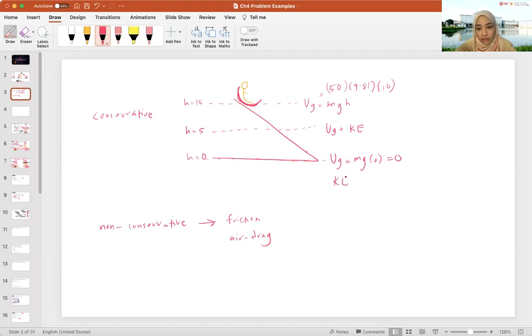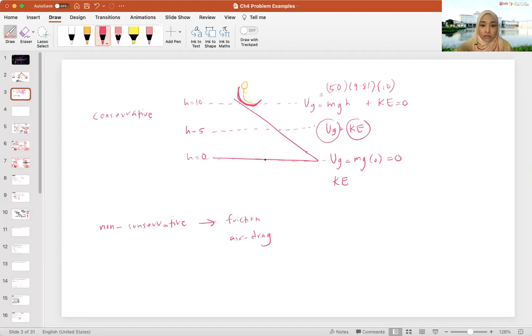So here you can see the initial energy that we started with, whereby our KE was 0 because she was not moving. KE was 0, UG was mgh, 50 times 9.81 times 10. Halfway through, the energy she initially had was converted into UG and KE. Or she lost UG and some of that energy became KE because she is gaining speed.